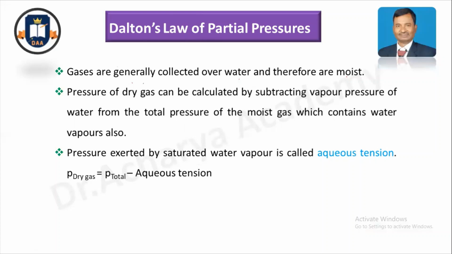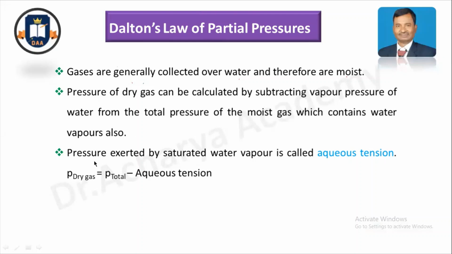Now we'll see how to calculate the pressure of dry gas. Gases are generally collected over water, and so they are moist. Now, how to calculate the pressure of dry gas? By subtracting the vapor pressure of water from the total pressure of the moist gas, which contains water vapors also.